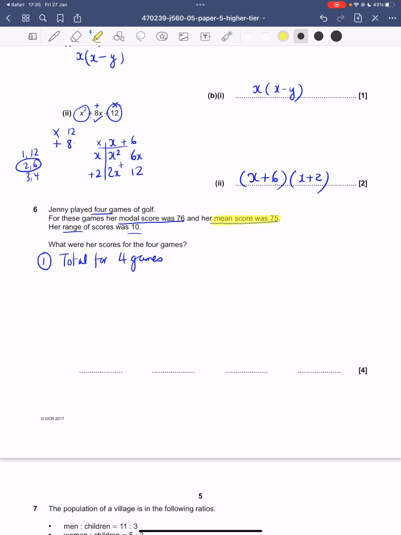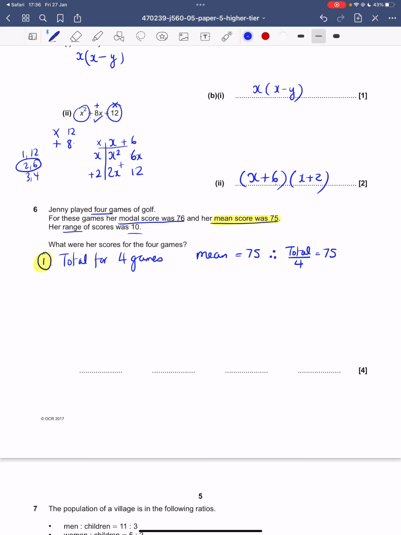The mean score was 75, so if the mean is 75, therefore the total divided by 4 is 75, because when we add them all up and divide by 4, we get 75.